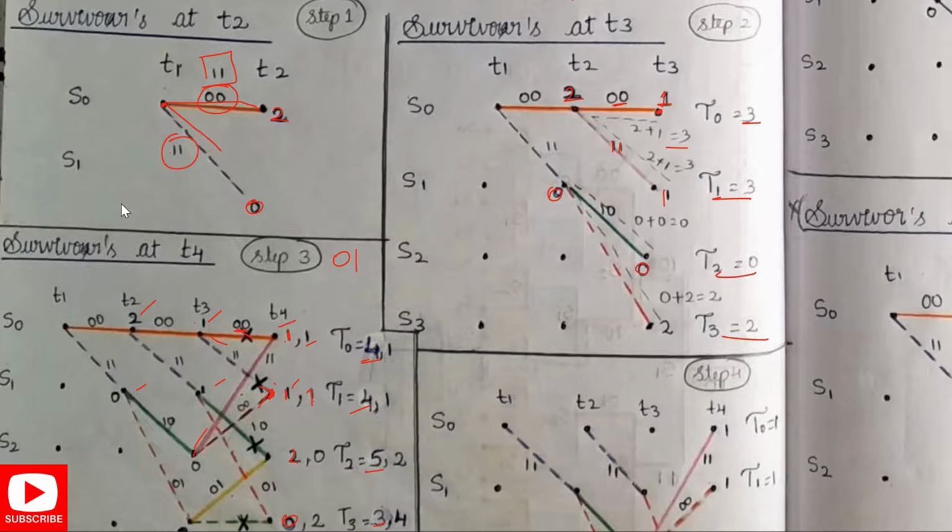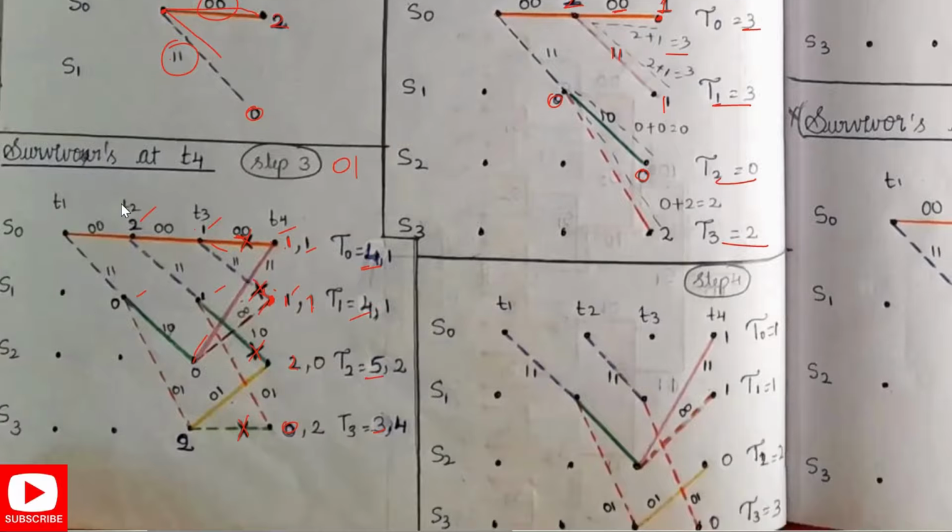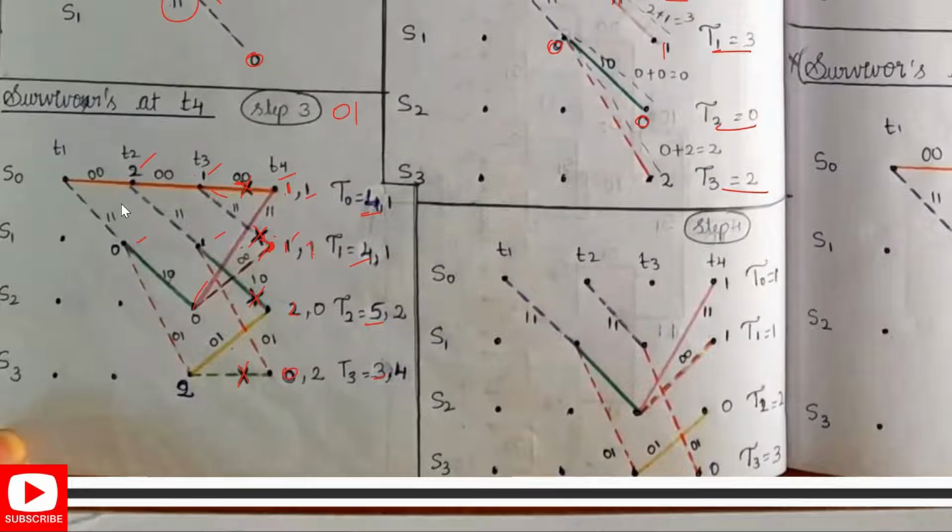So we have rejected here the 4, here also we have rejected the 4, here we have rejected the 5, and here we have rejected 4 and considered 3. This part is considered. So out of these, in step 4 you can observe we have considered 1, 1, 2 and 3. So this is step 4.